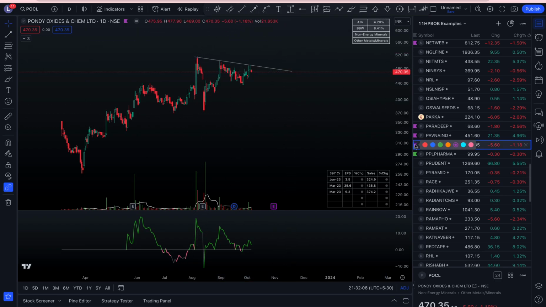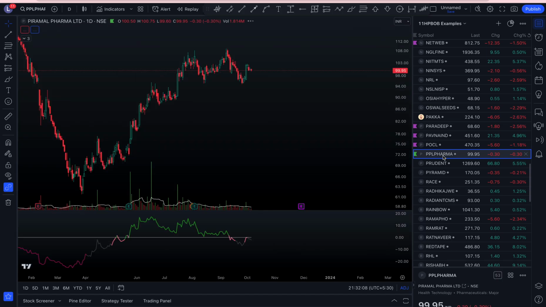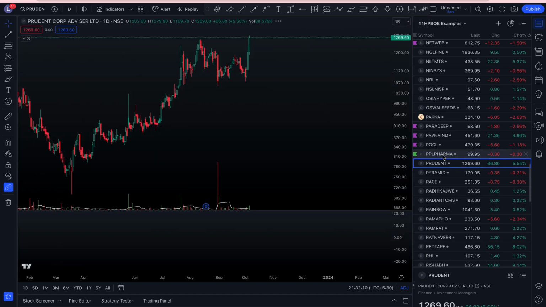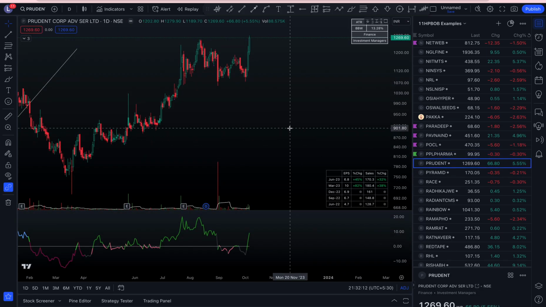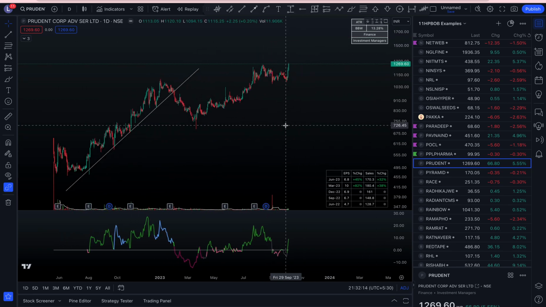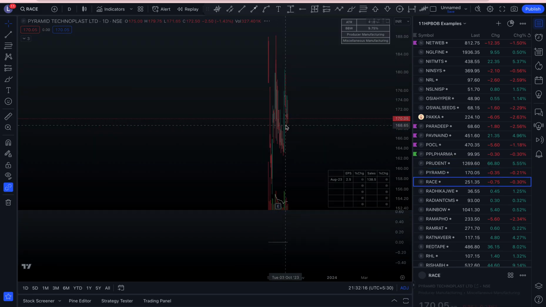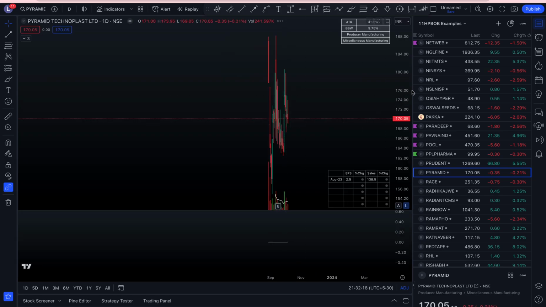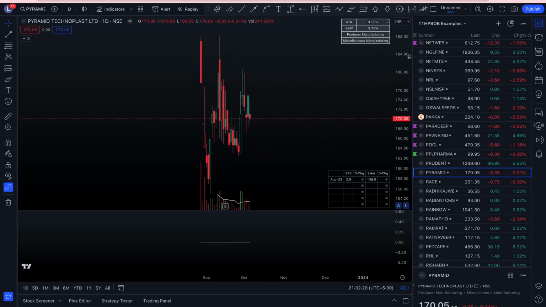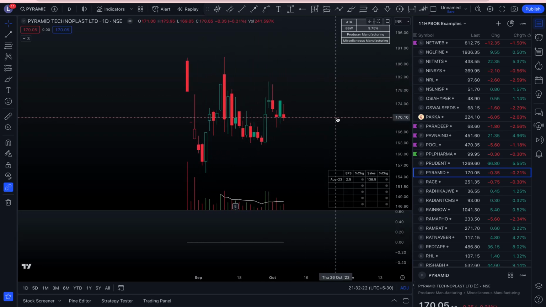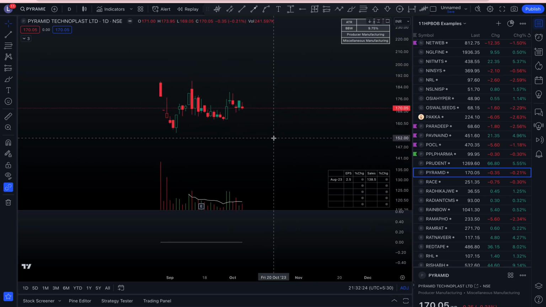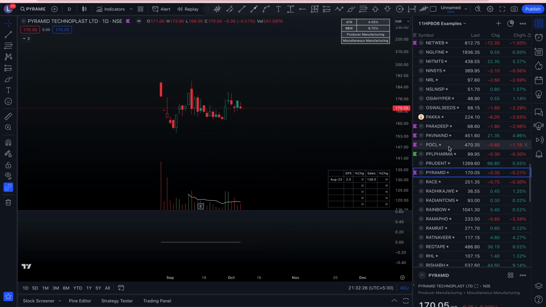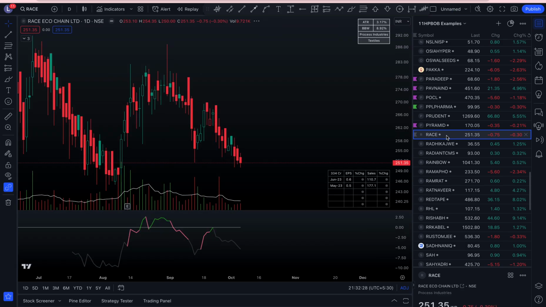But anyways, we will just mark all of them. No idea what these guys do, but this is a base, IPO base.